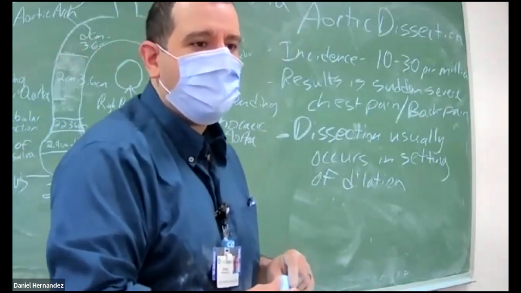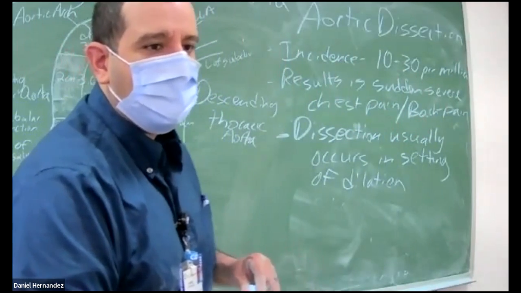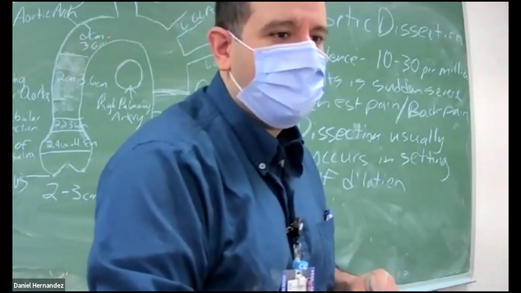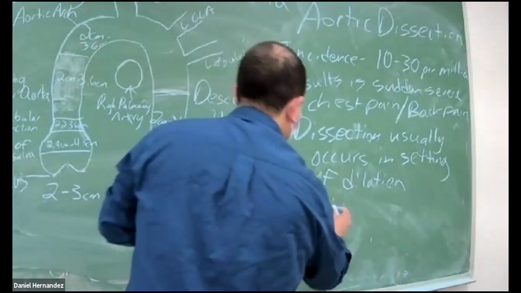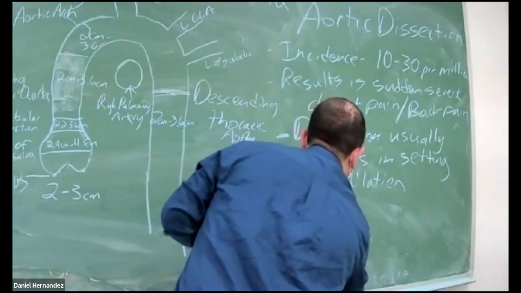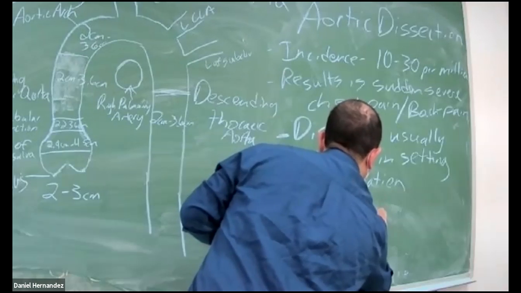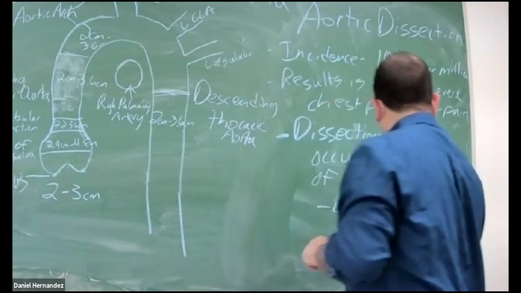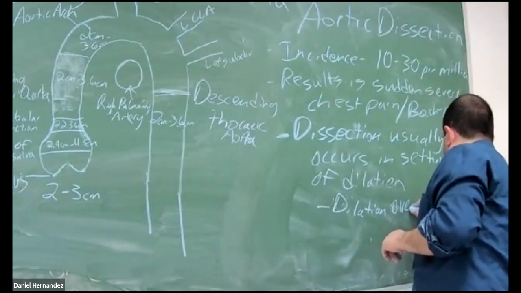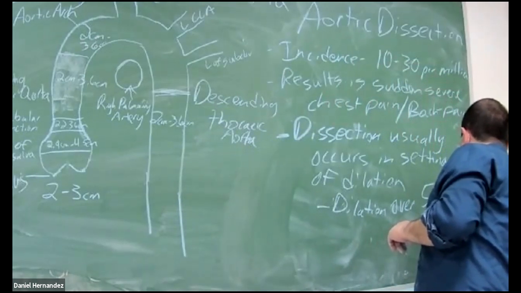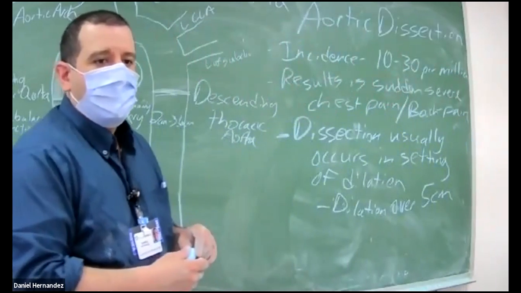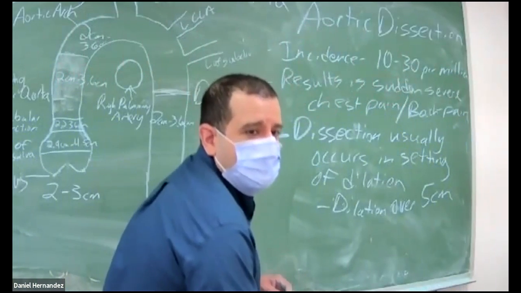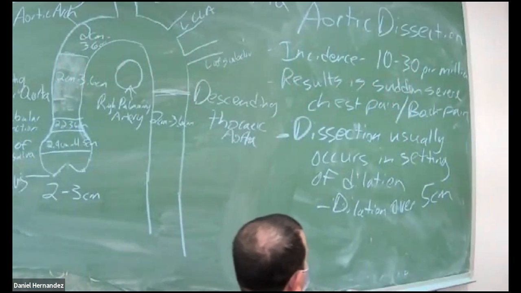Aortic dimensions of 5 centimeters or more is a more definite risk factor for dissection.